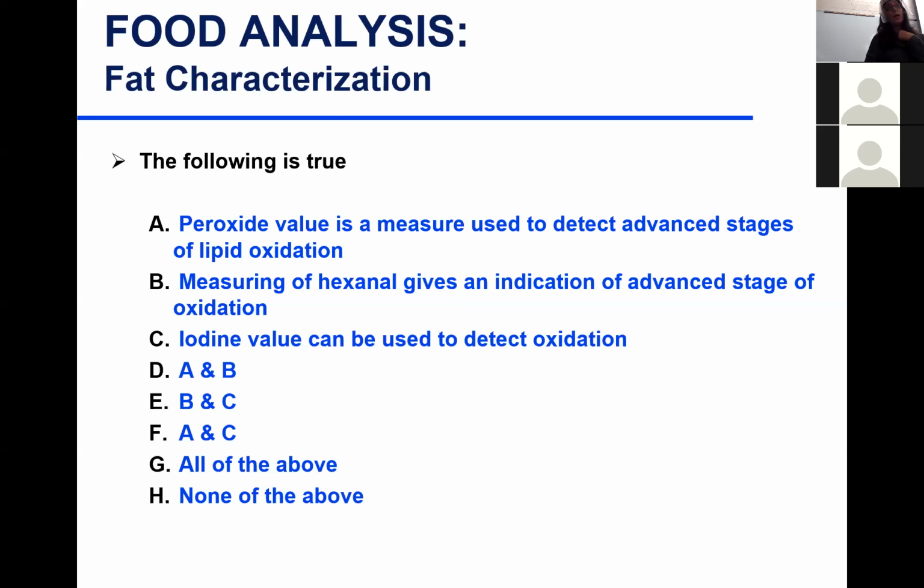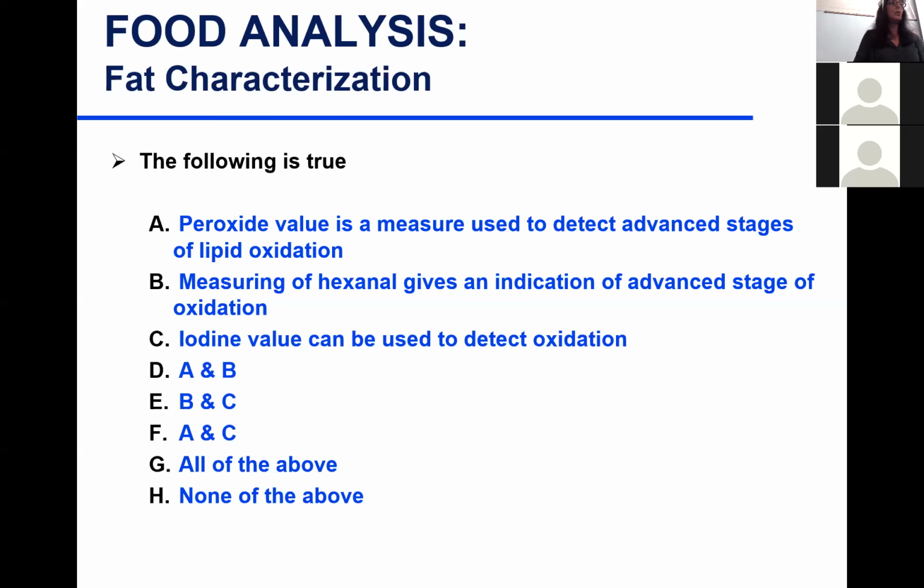As we go to advanced stages of oxidation, then you can get hexanal as one of the secondary products of oxidation, secondary or advanced stages. Malonaldehydes, or aldehydes in general, are secondary stage or advanced stage oxidation products.